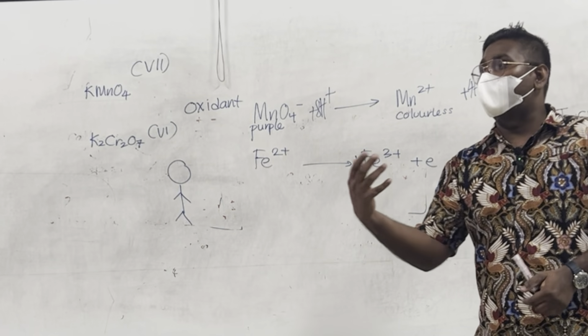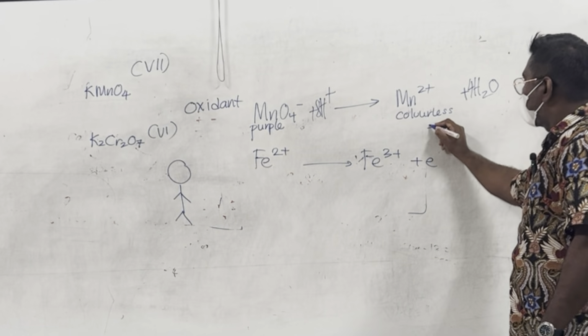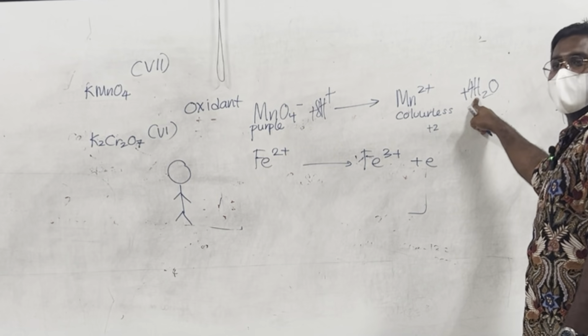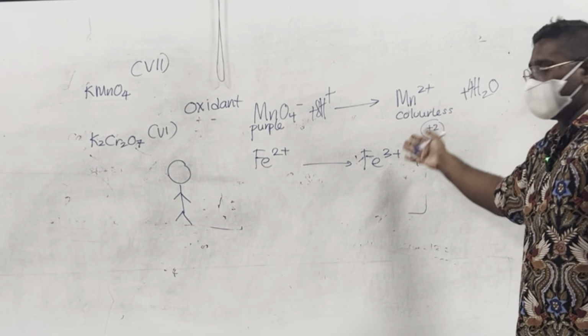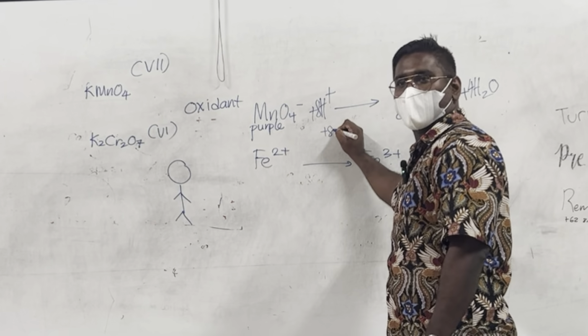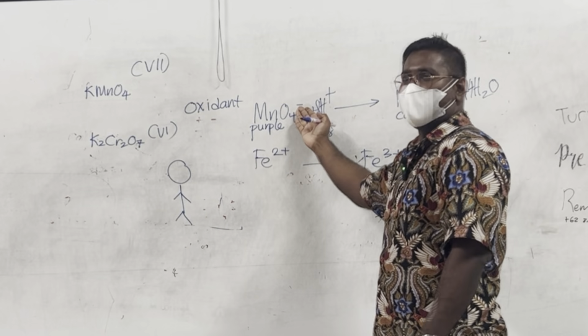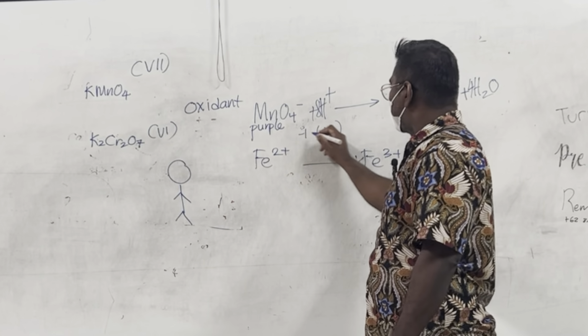So it means you look at the charge. This is 2 plus. This is 0. Overall charge on the right is plus 2. Let's look at the charge over here. This is plus 8. This is negative 1. Minus 8.